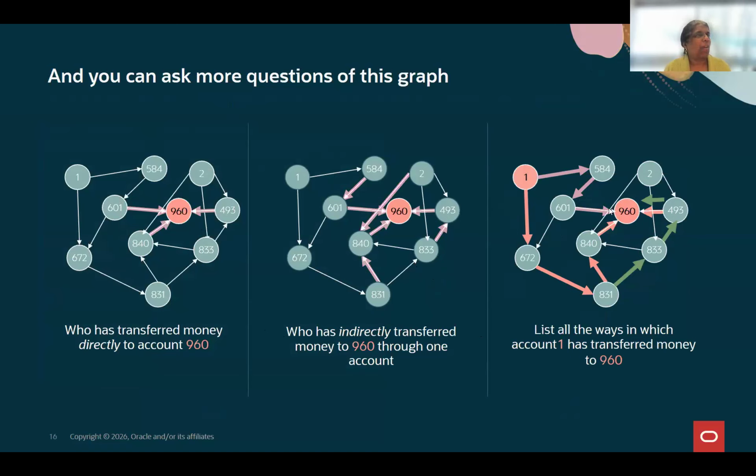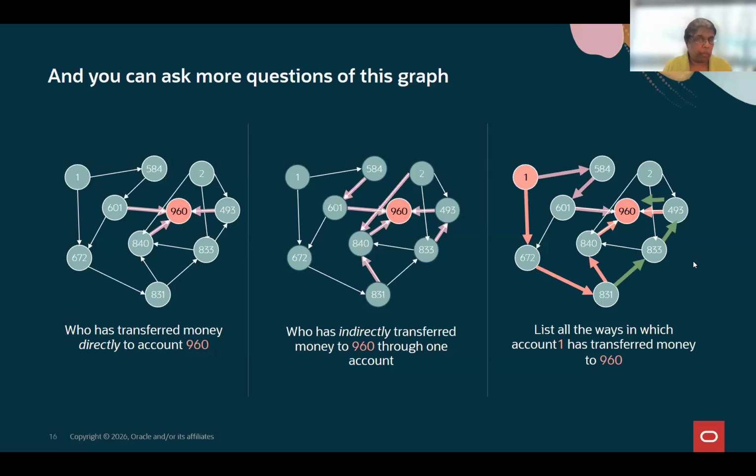Or, list all of the ways in which account 1 has transferred money to this account. All of these different queries would get very complex if you were just using table structures. But we're able to write these queries and get answers more intuitively when using graph queries. So just think of your data in terms of entities and how they relate to each other.